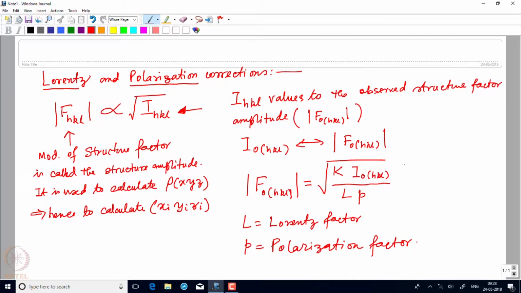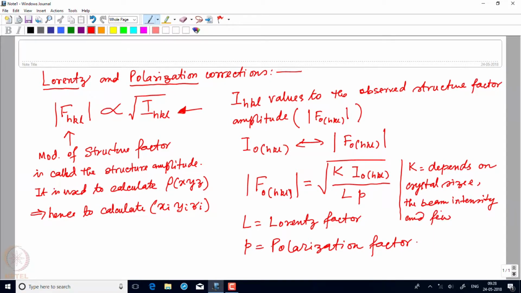This constant K depends on the crystal size, the beam intensity, and a few fundamental constants.